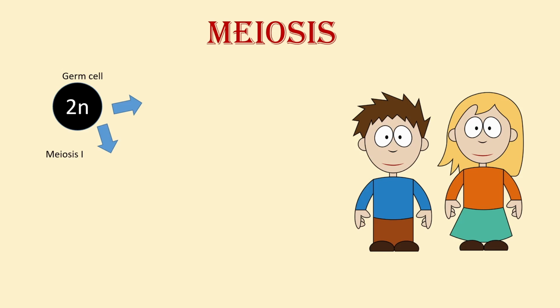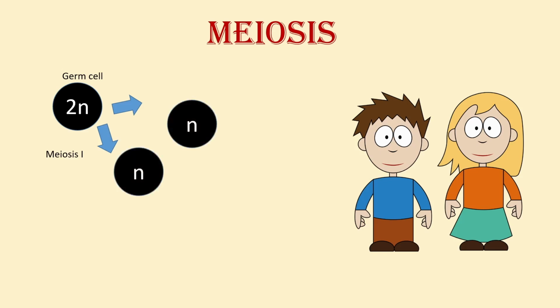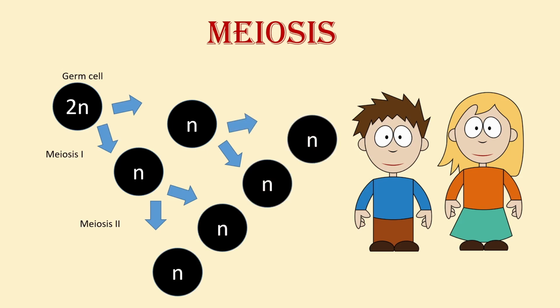So at the end of meiosis 1, we'll get two haploid daughter cells. And meiosis 2 is equational division similar to mitosis. These daughter cells enter meiotic division 2, and at the end of meiosis 2, we'll get four haploid daughter cells or four haploid gametes.